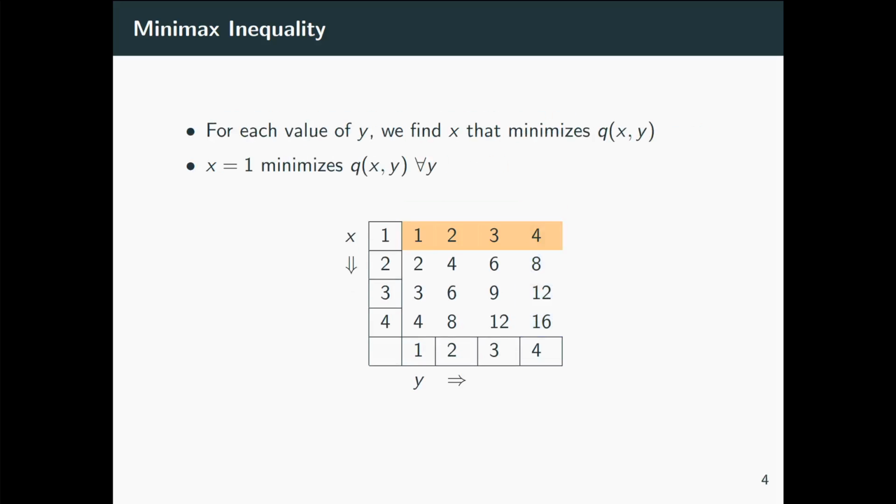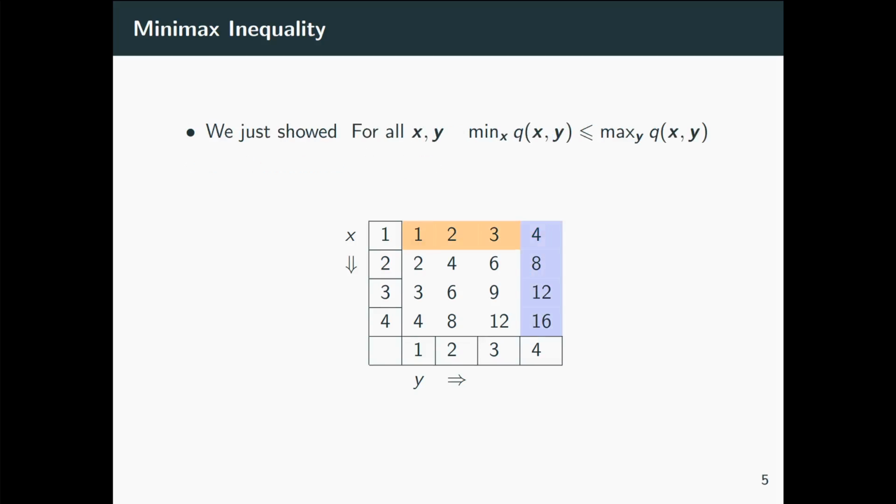If we just go back to the identity that we saw, right? We've been able to show that if you minimize over x and you get a new function of y, that is always less than or equal to this particular function, right?